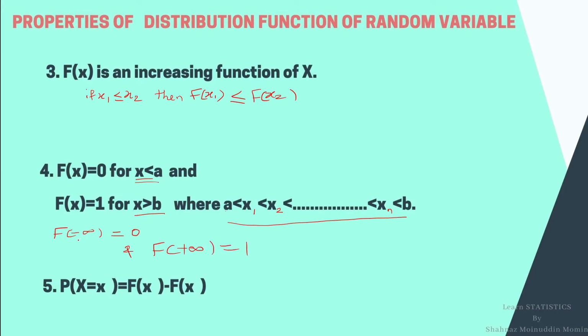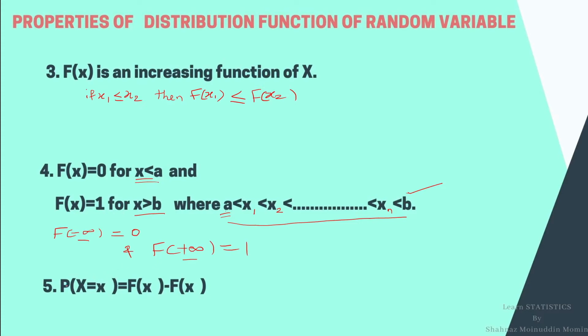Minus infinity is the lower limit and plus infinity is the upper limit of the values of random variable. Here in this case minus infinity is nothing but a and upper limit is b.